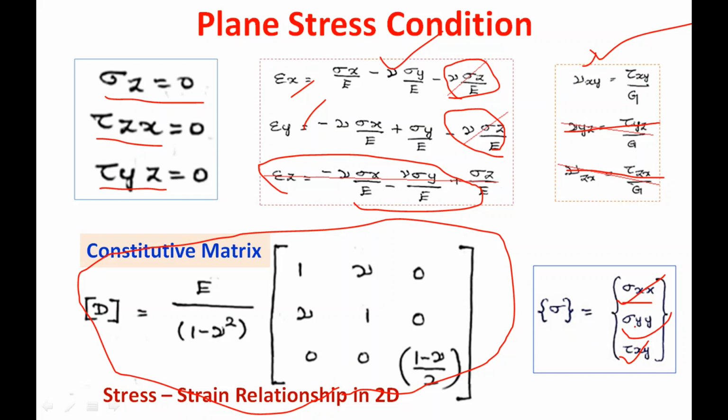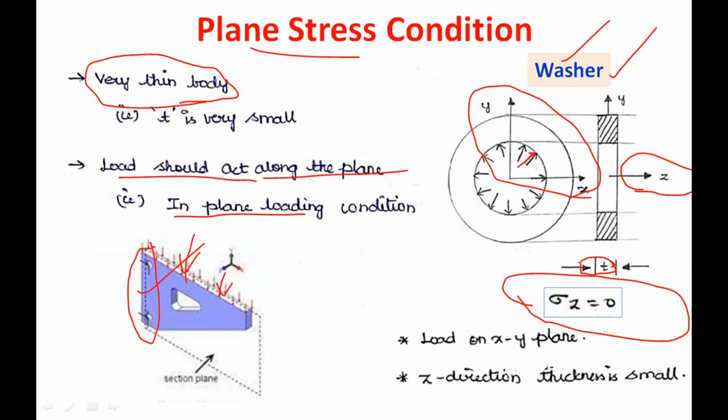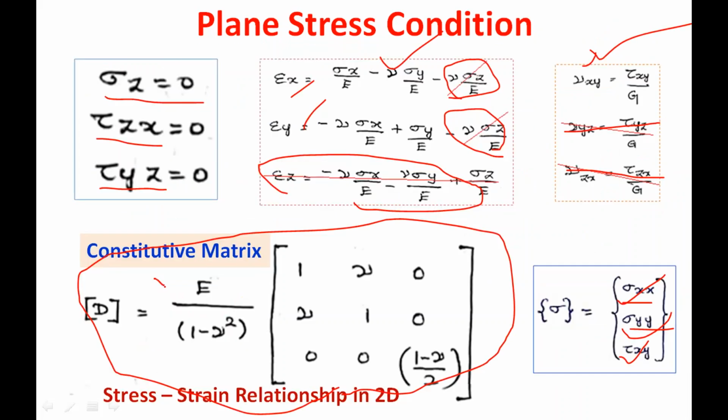That means normal stress along the x direction, normal stress along the y direction and shear stress. We are considering only the xy plane, so along this xy plane we can consider the shear stress. So this is the constitutive matrix for plane stress condition.